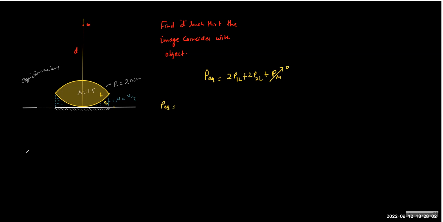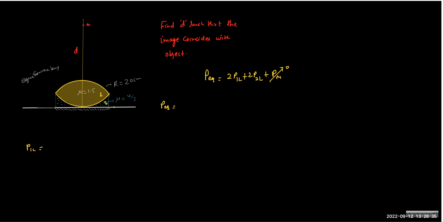Let's find P1L. So P1L is pretty much obvious: mu minus 1, which is 0.5, and it is 2 by 20. So 0.5 by 4 into 2 by 3.